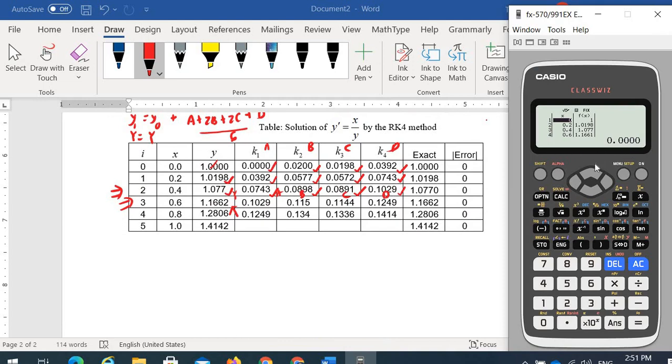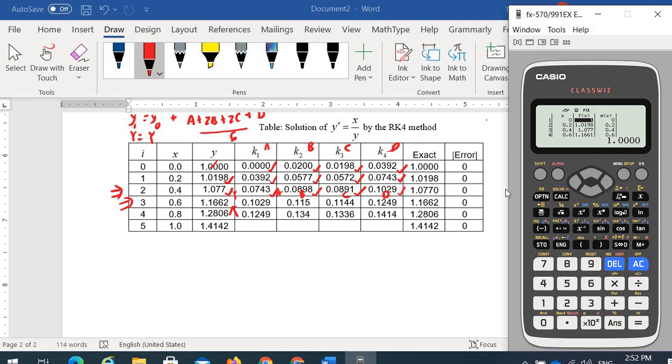This model actually can tabulate 2 functions simultaneously. Shift, menu, go down, table. This one I show only one, will be 1, 2. The second one, 2 functions.